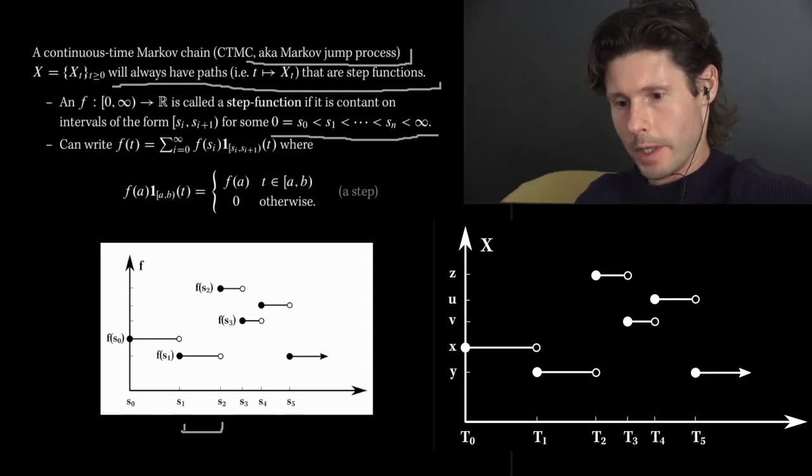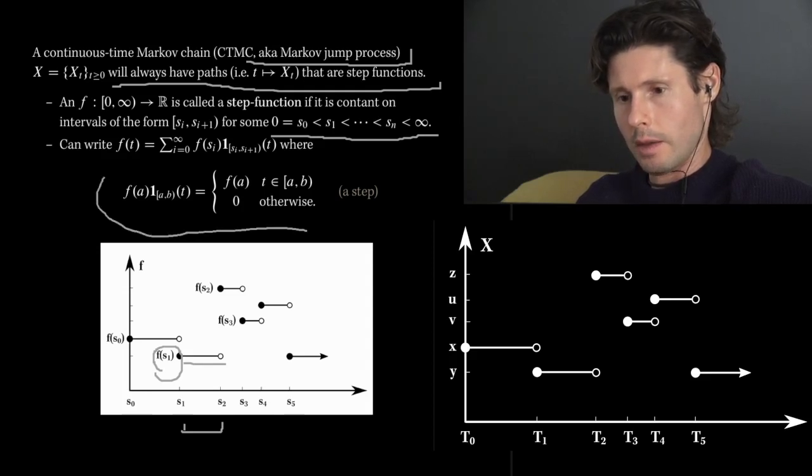So now the value of the function on this half open interval S1 to S2 is just the value at the start. It's actually the value anywhere inside, but here it's f(S1), and so on and so forth. So in general, we can look at any one of the quote unquote steps.